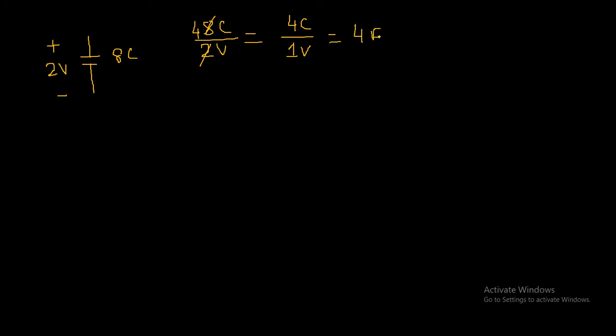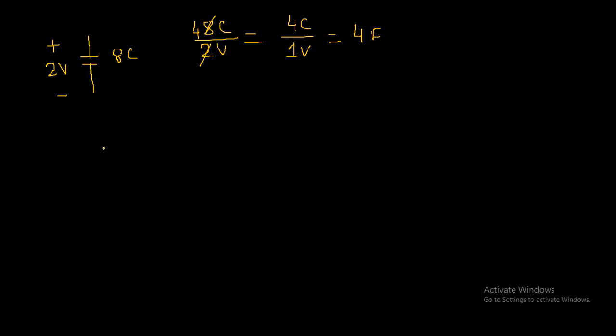Now let's say I have a capacitor, I have applied 2 volt and it stored 8 coulomb of charge. So 8 divided by 2 is 4. Per unit volt it stored 4 coulomb of charge. That means the capacitance value is 4 farad.